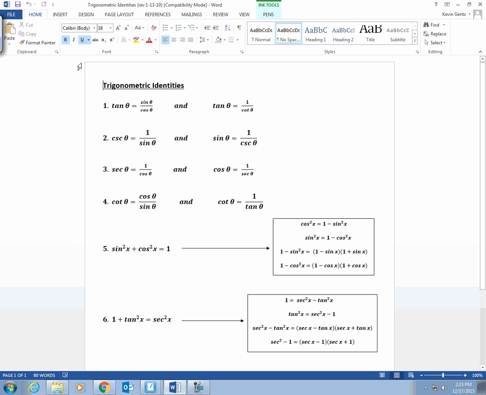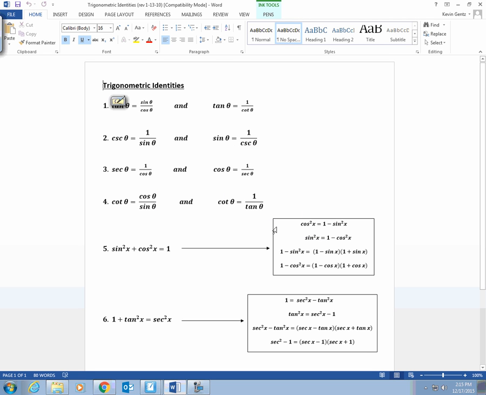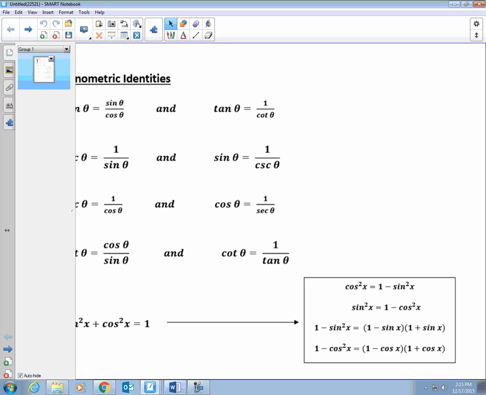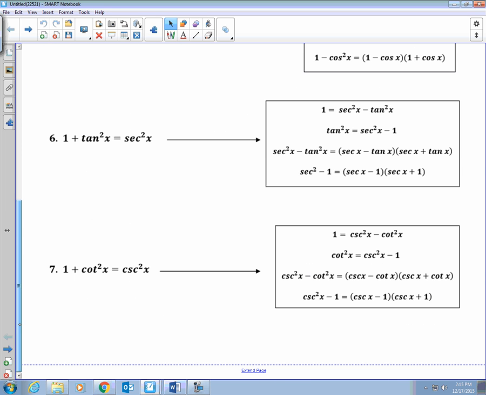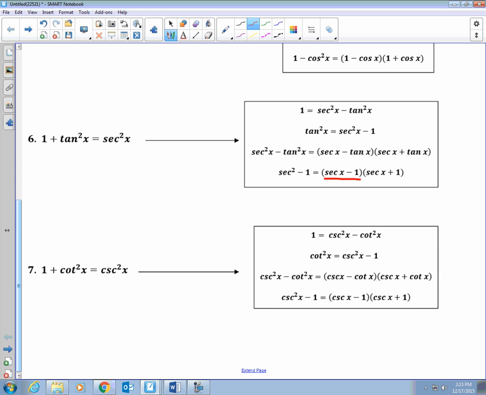Okay, look at this bottom piece right here. Do you see, as you look at this bottom piece right here, that we have a secant of x minus 1?